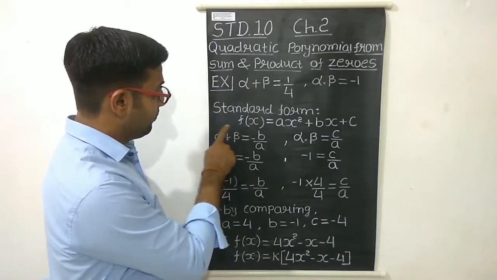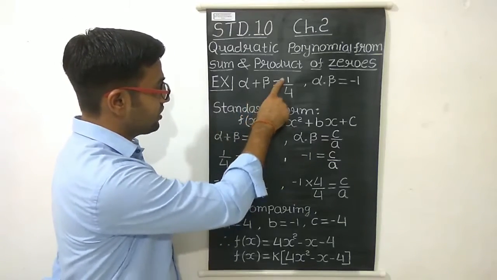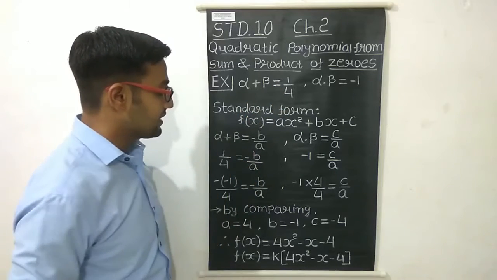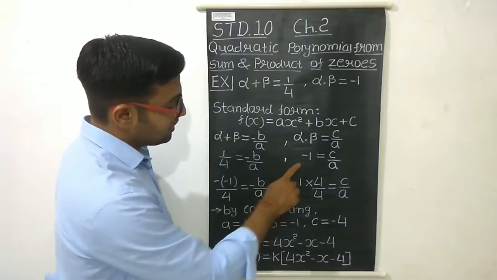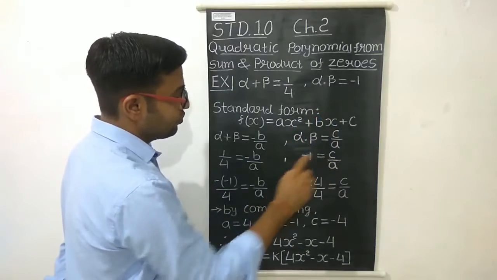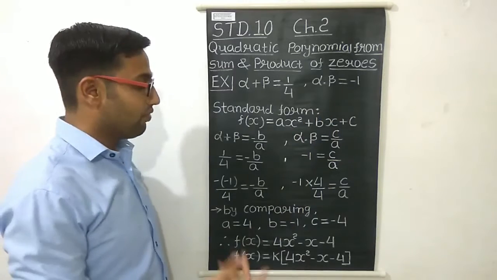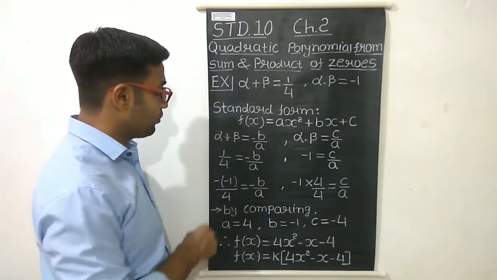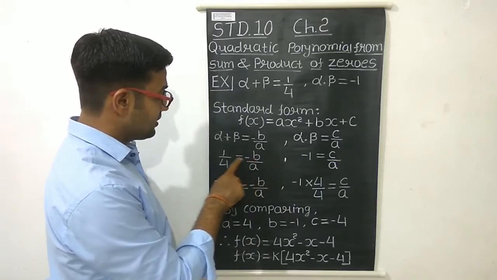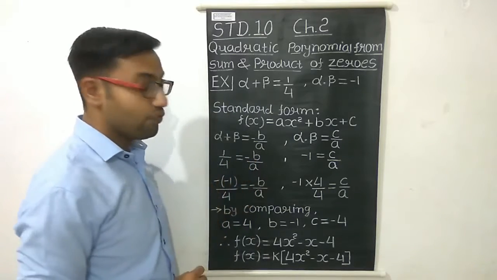So now putting the value of addition of the zeros, that is 1 upon 4, here we get minus b upon a as it is. Now this side also alpha into beta is minus 1, that is equals to c upon a. Now what will happen if we compare the values? See, if we compare this value, minus b we get is equals to 1 and a is equals to 4.